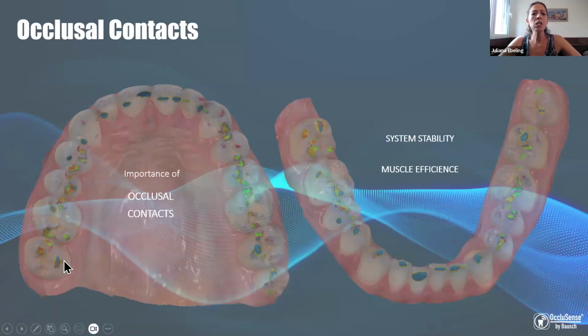So this distribution is very important. I can check it with a physical paper, I can use scanners, and I can use a digital system such as OccluSense.